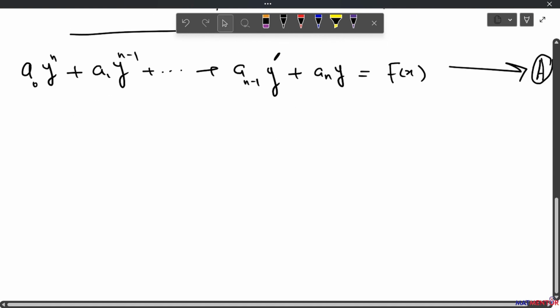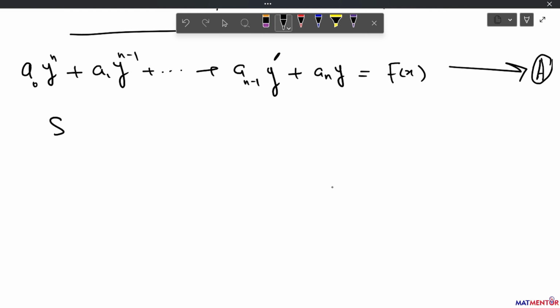So how to find the solution of this equation?